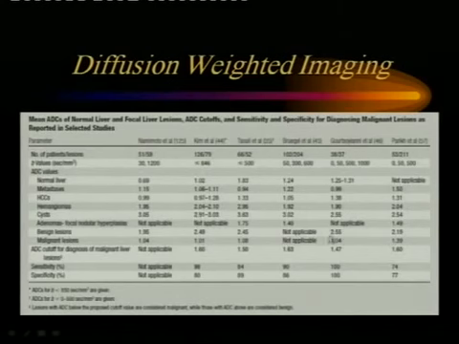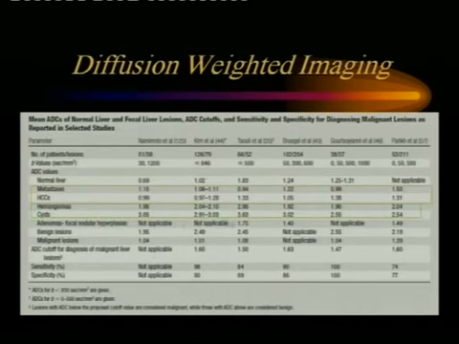This has been expanded further. Multiple other groups have looked at the ADC values and the differentiation. We noticed that most of the malignant lesions tend to fall in the lower range. Most of the benign lesions will fall in the higher range. And there's an overlap, particularly with lesions like FNH and adenomas.